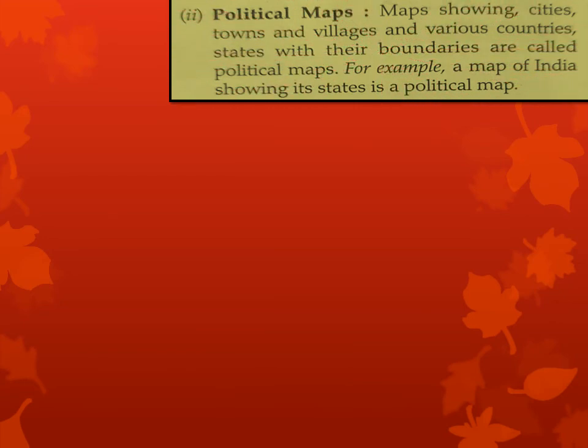Now you have political maps. Maps showing cities, towns and villages and various countries, states with their boundaries are called political maps. Like we have a map of India, and it shows the states of India.